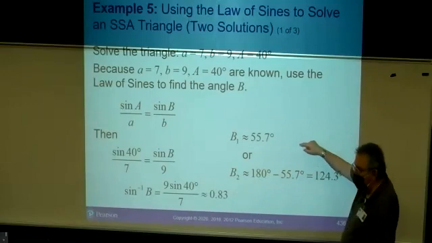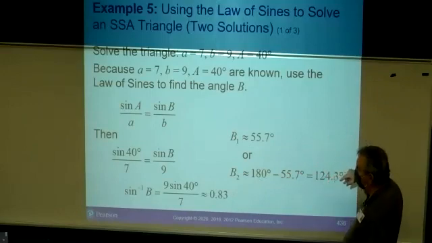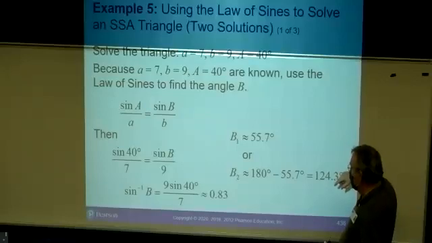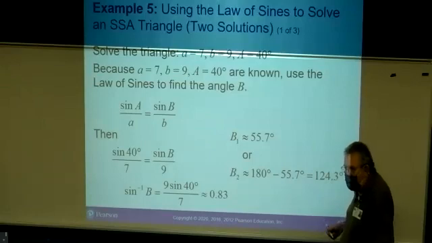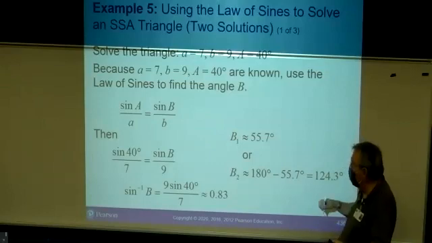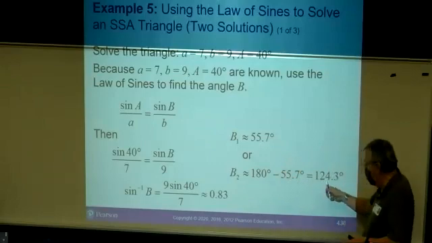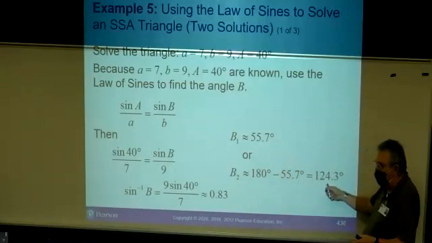So it could be both of these angles. So we want to see, can it be both of those angles? So we would have two separate triangles: one where angle B is at 55.7 degrees, and one where angle B is at 124.3 degrees.